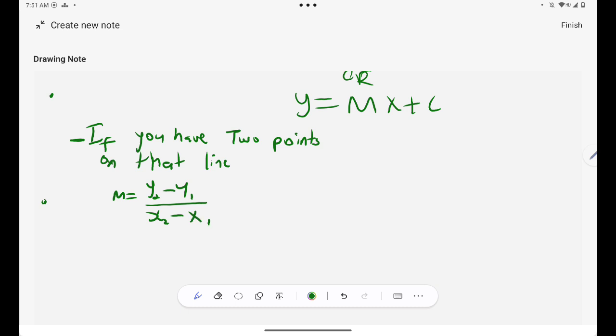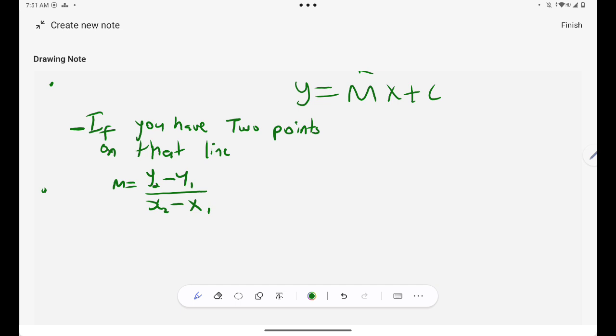This is how you find the gradient of your line, the steepness of your line. How steep is your line? This equation determines that. Are you together? This is option 1.